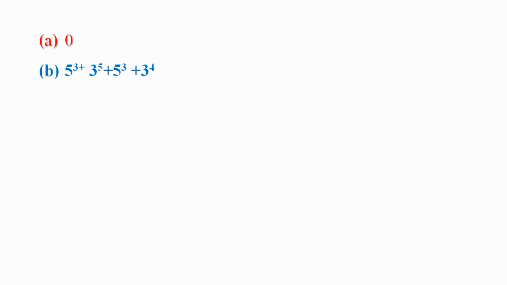Third question, write whether the following numbers are even or not. First one, the sum of first 100 natural numbers. Sum of first 100 natural numbers is 100 into 101 by 2, that is equal to 50 into 101. When a number is multiplied by an even number, that is even.